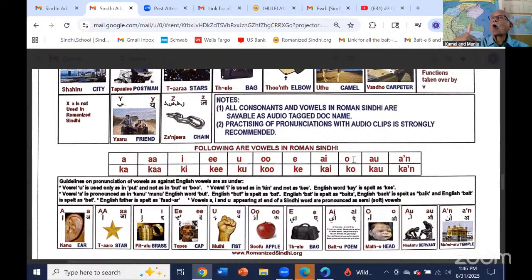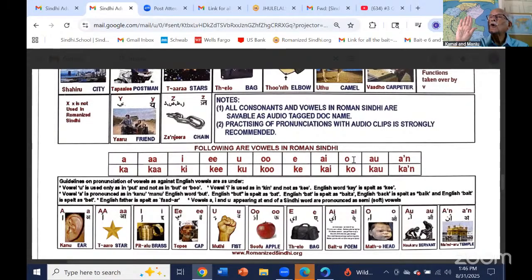Angutho. O. Angutho is masculine. Angur is feminine. Angutho is masculine. O and O are masculine. A, E are feminine. Angur.